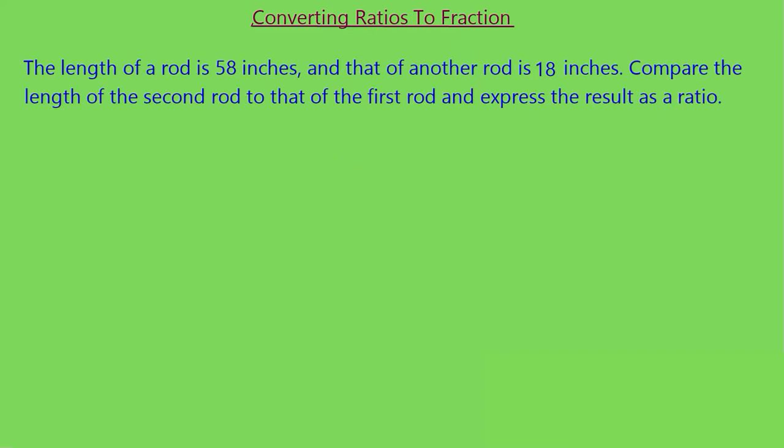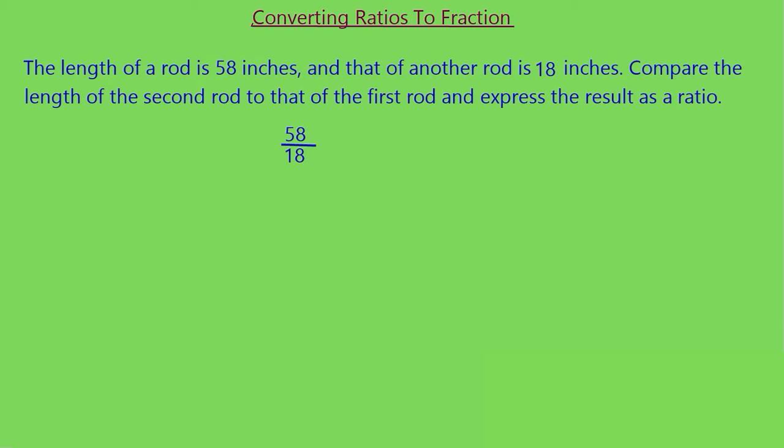Let's solve this one. From reading, there is a rod of length 58 inches, and that of another is 18 inches. And we want to write a ratio to compare their lengths. 58 is stated first, so we place 58 in the numerator and 18 in the denominator as it is stated last. Let's reduce the ratio.